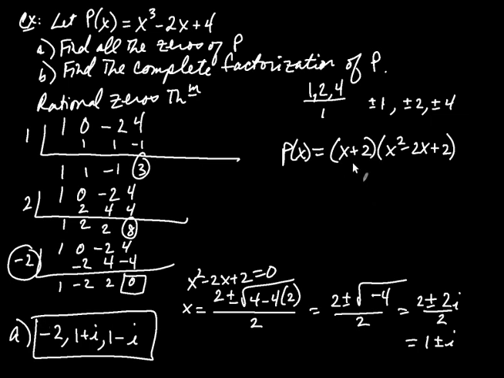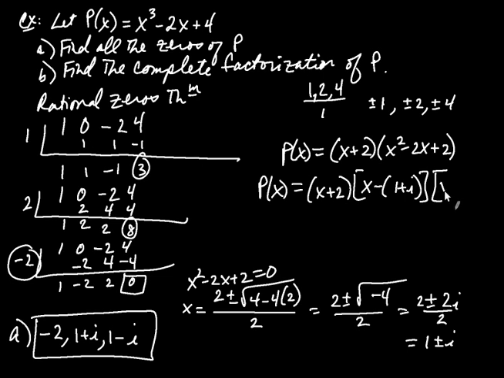And then for part B, to find the complete factorization, what you do is you simply take away all of those zeros and multiply those together. So P of x is equal to x plus 2, and then x take away 1 plus i, times x take away 1 minus i.